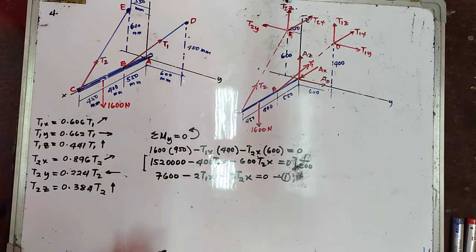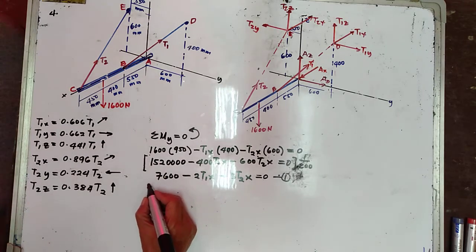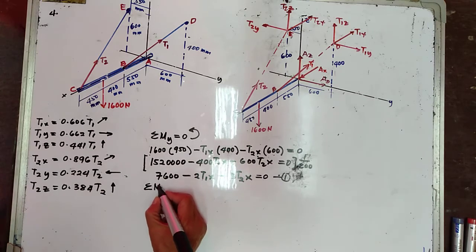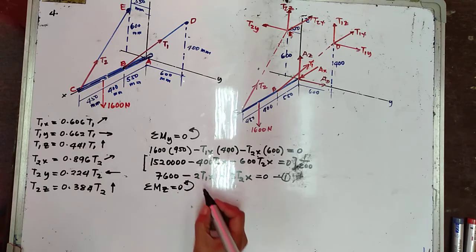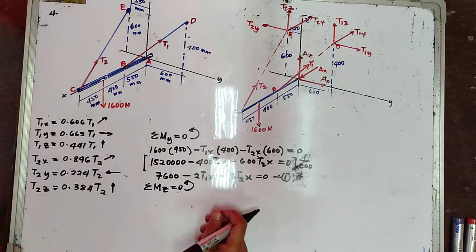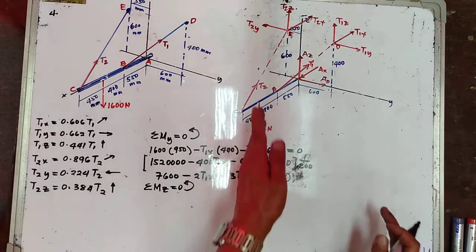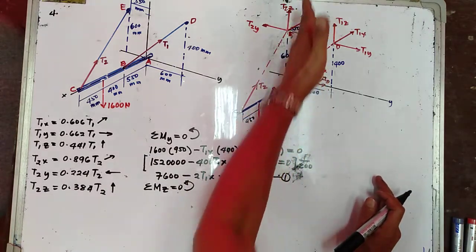Next, let us take moment about the z-axis. Summation of moment about the z-axis is equal to 0, counterclockwise moment positive. So this is your z-axis.